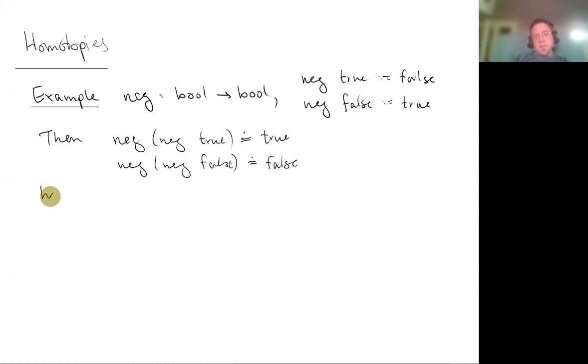However, if you have a variable b of type bool, then the negation of negation of b is not definitionally equal to b, at least the way we have set it up.